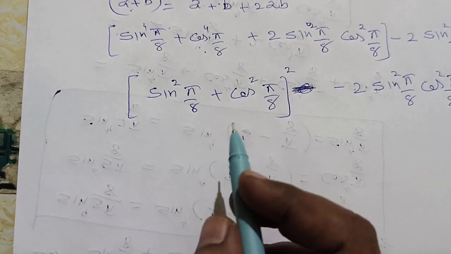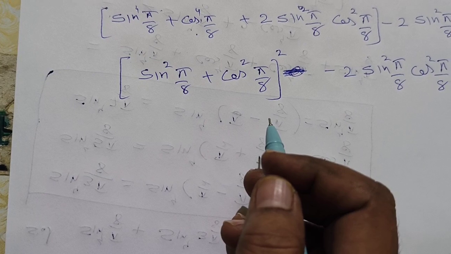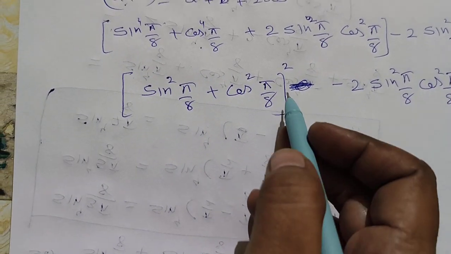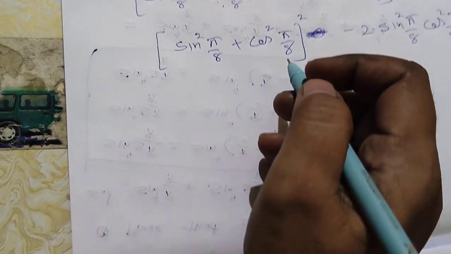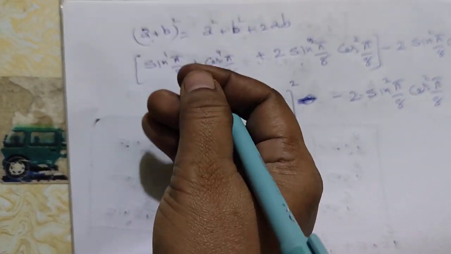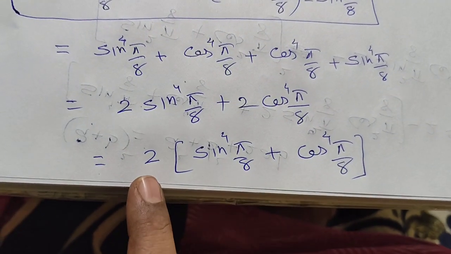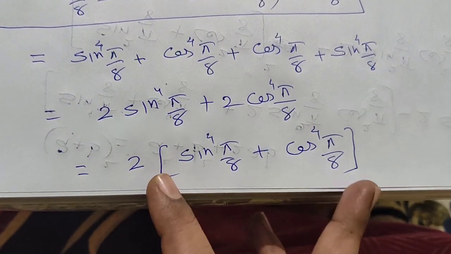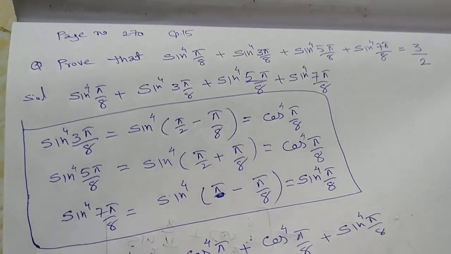And we know that sine square theta plus cos square theta is equal to 1. So in place of this term, I can write 1 whole square. But here we have first 2, so after that we have to write the expansion.